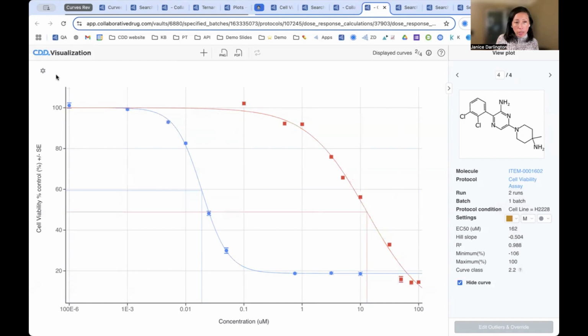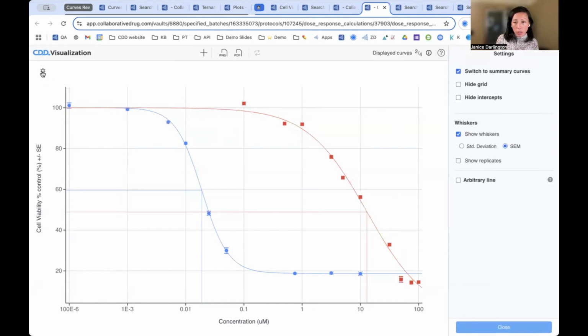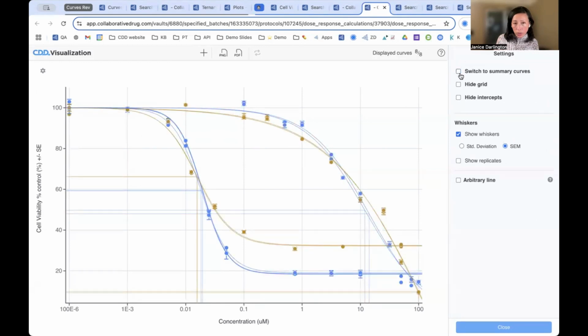Here, I'm going to click on that cog wheel. Now I'm looking at summary curves. If I want to look at the replicate curves, I can uncheck that box. And what I'm looking at right now is not only those two molecules tested against two different cell lines, but I'm also looking at data tested across two different runs, knowing that this is all the data that's available for these protocols.